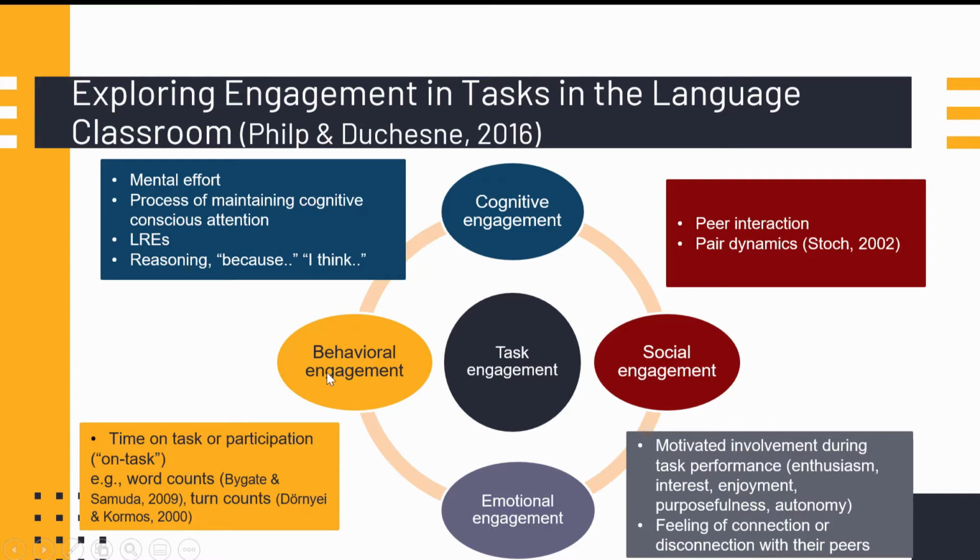So the way that we can operationalize this engagement is maybe word counts or turn counts or the amount of language that students produced. Those are the operationalizations of behavioral engagement.